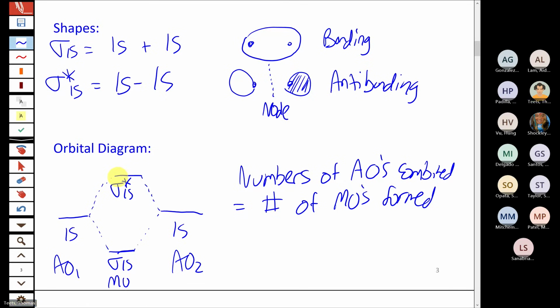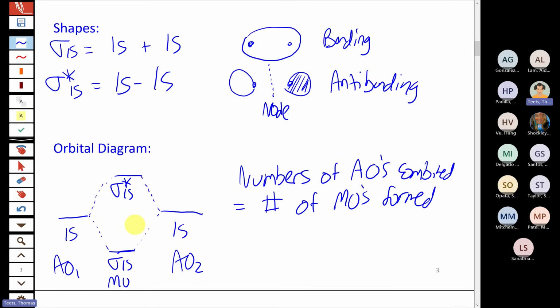All right. So that's how it works for the simpler case with 1s, or any s valence orbital, which would follow the same pattern. Only two energy levels to worry about, bonding at the bottom, antibonding at the top. Then what we're going to end up doing with these diagrams, where we get the useful information, is populating them with the valence electrons. Once we know how many valence electrons our molecule or ion has, we start filling these molecular orbitals following the same rules that we learned for atomic orbitals.